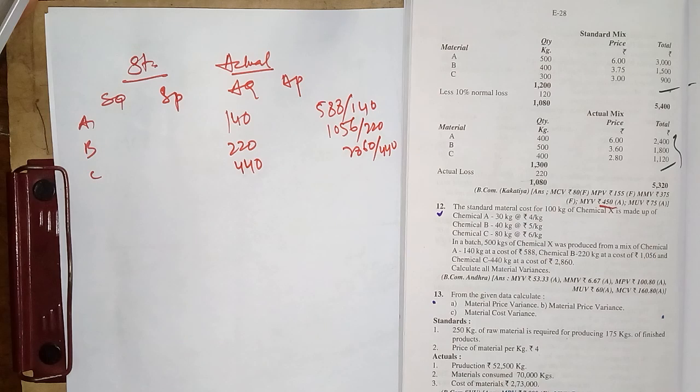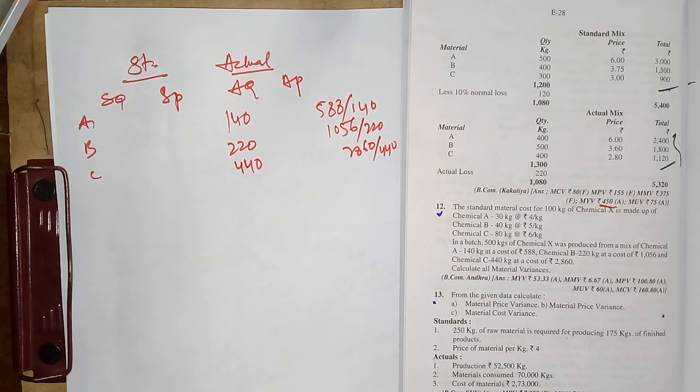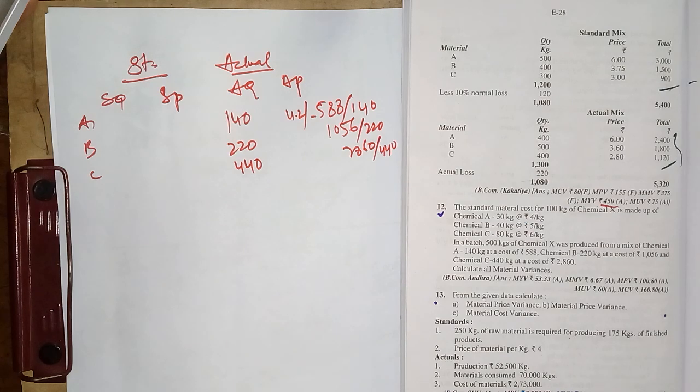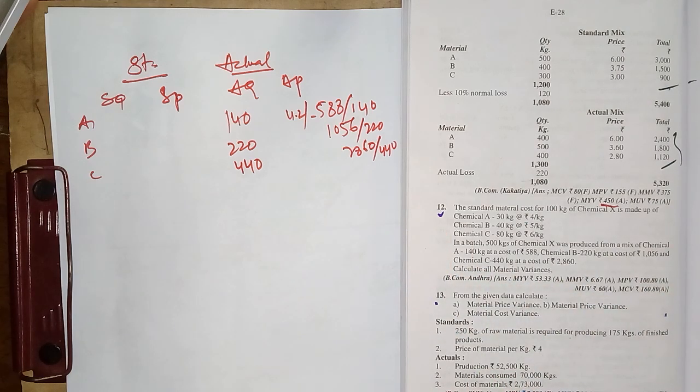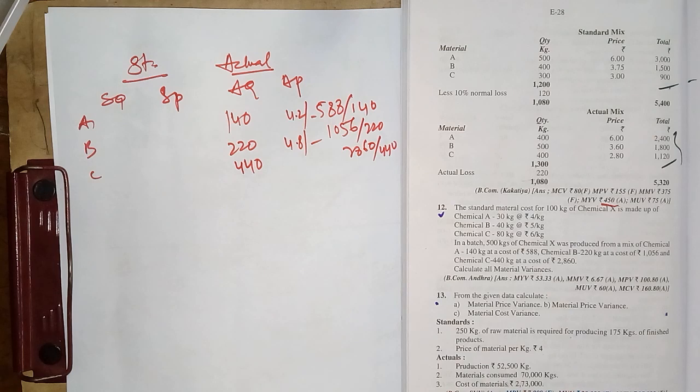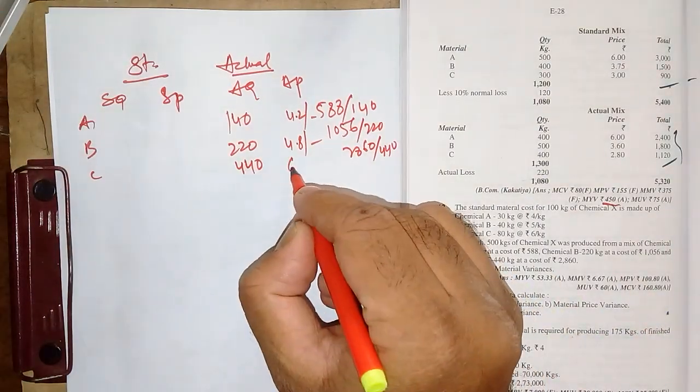So divided by 140, divided by 220, divided by 440. So what do we get per unit? 588 divided by 140, we are getting 4.2, and 1056 divided by 220 is 4.8, then 2860 divided by 440 is 6.5.